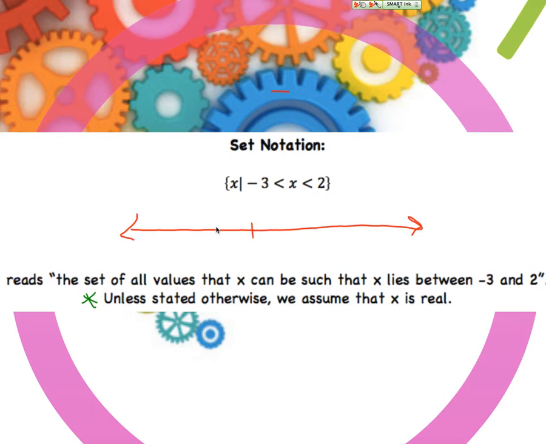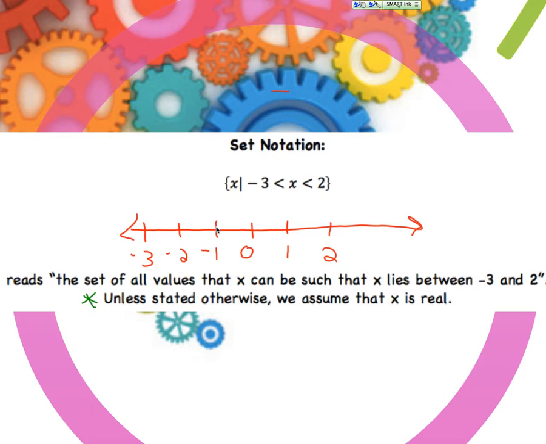So if I've got my number line, does anyone remember back from algebra, if I just have a less than on my number line, am I going to use an open circle or a closed circle? If it's not equal to, and it's okay, I'm going to remind you if you don't remember, it's okay.